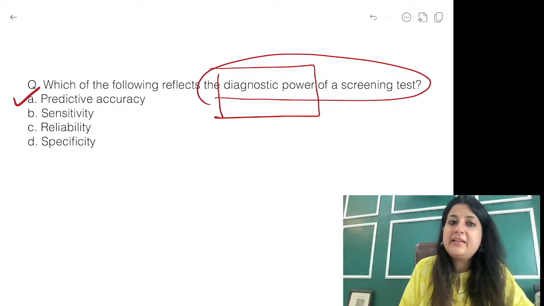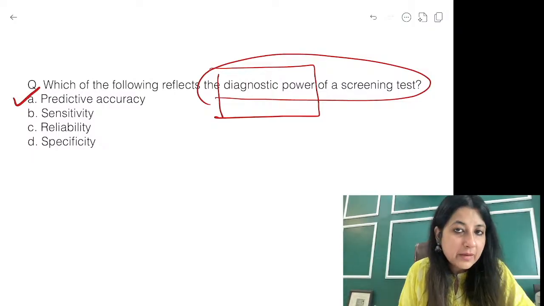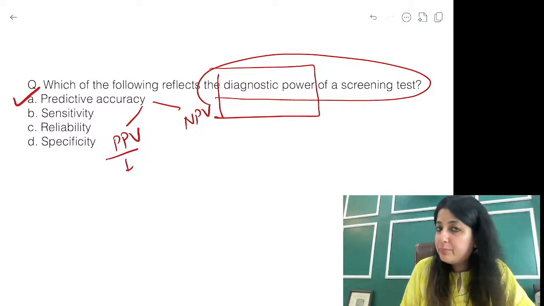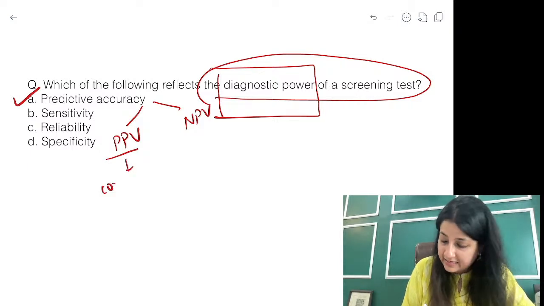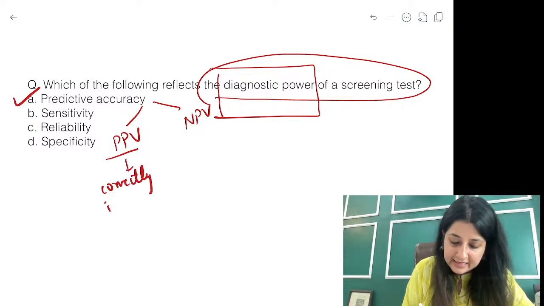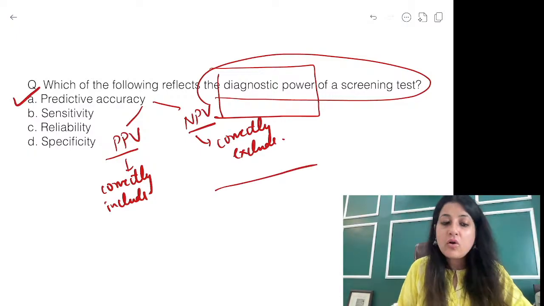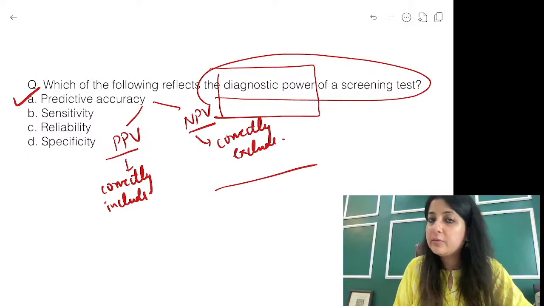Diagnostic power is predictive accuracy, which is reflected by two things, PPV and NPV. PPV is the probability to correctly include the disease. And NPV is correctly exclude. ठीक है, NPV is correctly exclude.